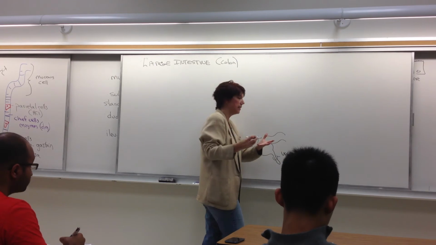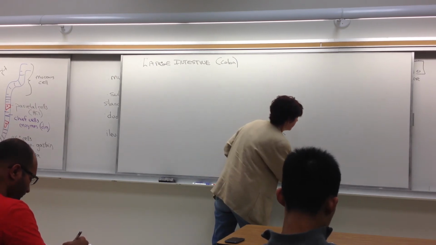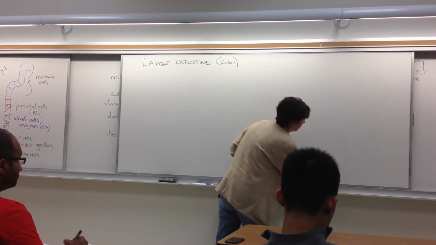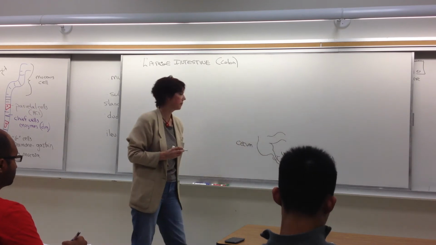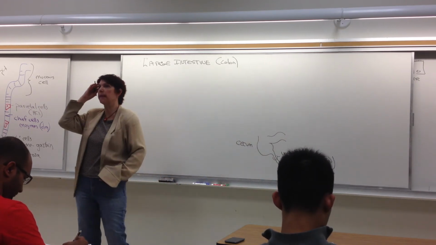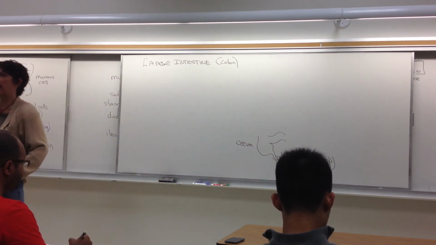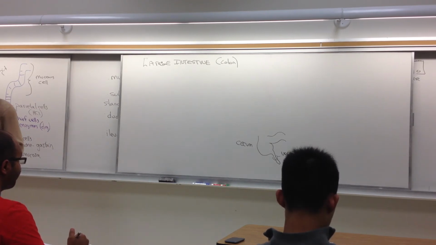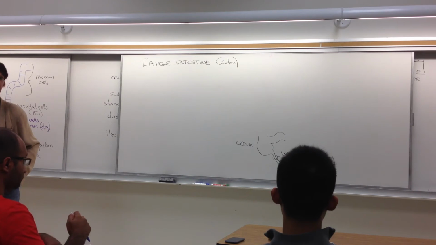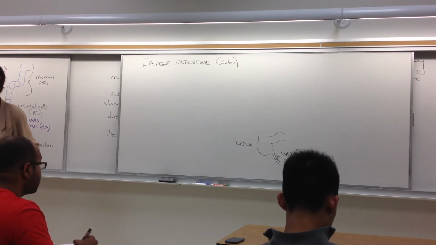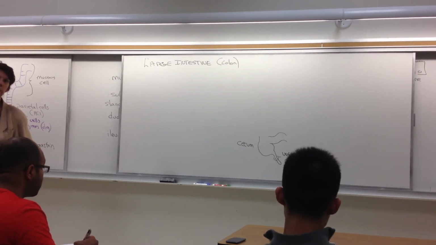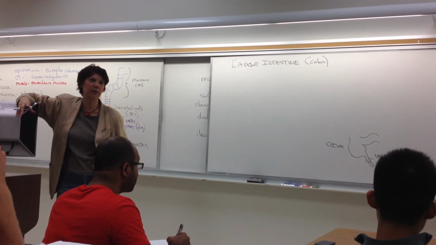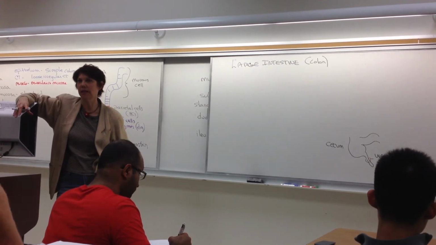Which has its own mesentery, so that means it is intraperitoneal. The appendix, like the Peyer's patches, has a lot of lymphatic follicles in its wall. And so for a long time, it still is considered to be an unused vestigial remnant of immune tissue, kind of like the tonsils.